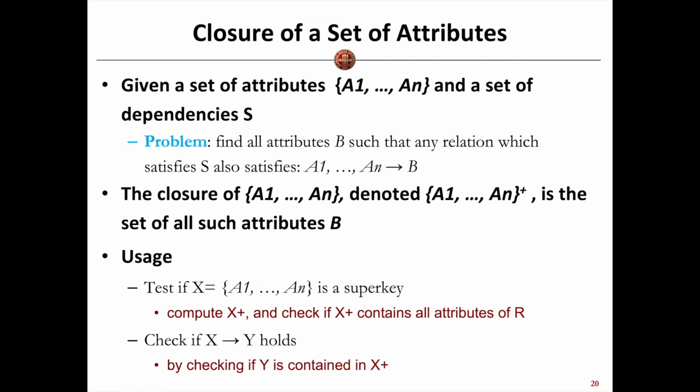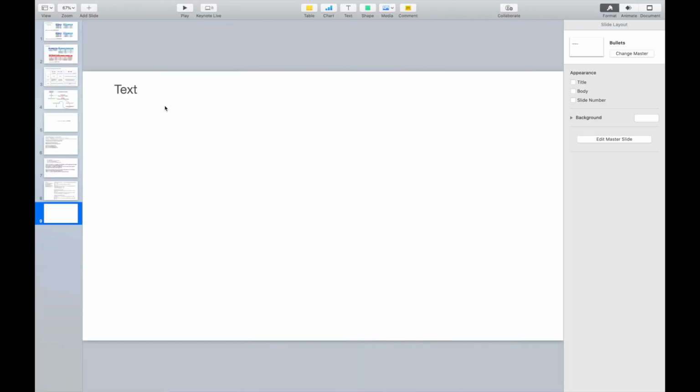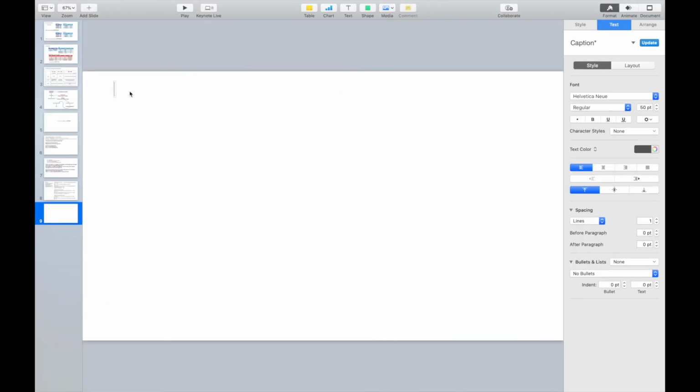How can we check it based on the closure of attributes? Given a relation R, we want to check if some attributes X equals A1 to AN is a key of R or not.